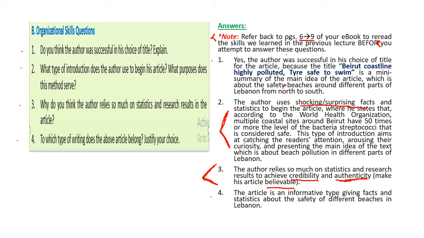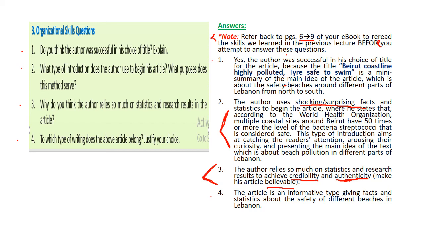He's not persuading, he was objective, he was simply presenting facts. His words were very objective and to the point. We didn't see a lot of feelings, he just gave us the facts and statistics straight and objectively. So obviously this article is informative, okay?